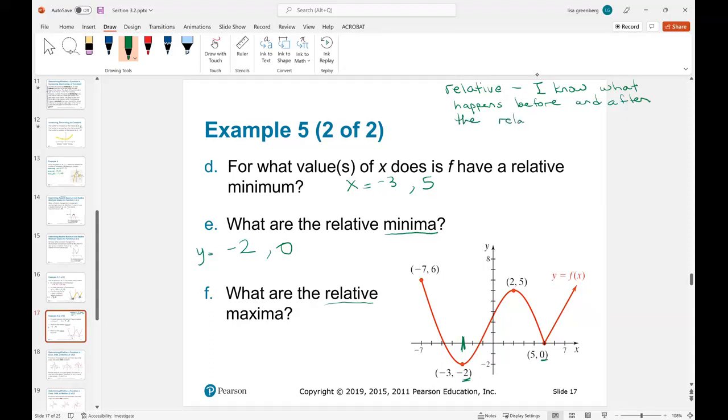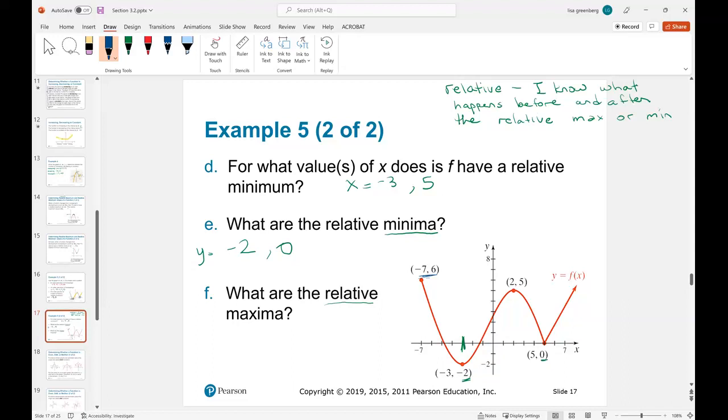I'll say relative max or min, okay? So if I look at this graph, you might think that this point right here is a relative maximum, but it is not, because I don't know what happens before I see that point. And if that's the first point, then it's still not a relative maximum. I have to know what happens before and after, and I don't know what this graph is doing when it's less than -7. So I don't count that.